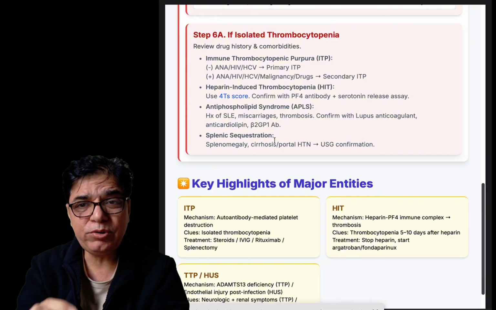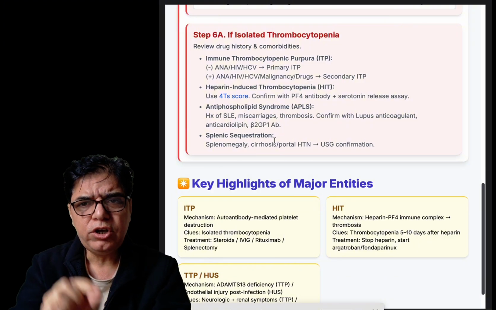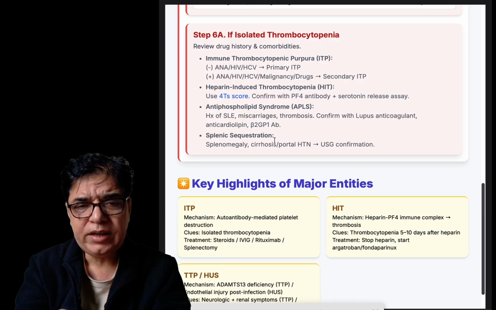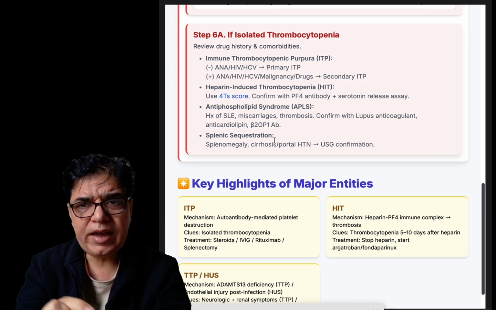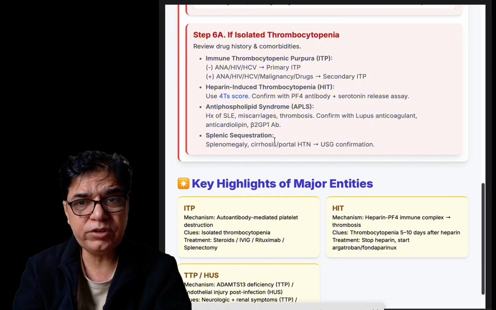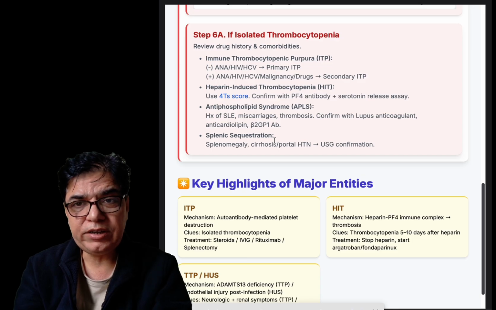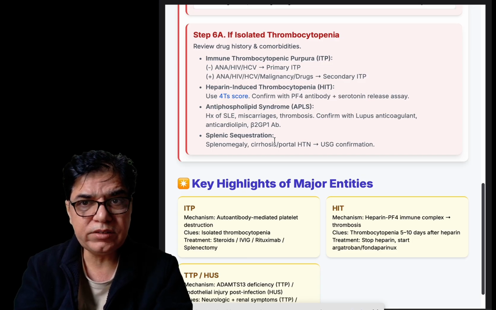So remember, whenever you get an isolated thrombocytopenia, and I know you would definitely get it in your practice, you have to ensure at that point that the child does not have any underlying condition which would cause thrombocytopenia. For example, has there been a history of certain types of drugs like sulfa drugs? Is there any hidden malignancy or any history of cancer?